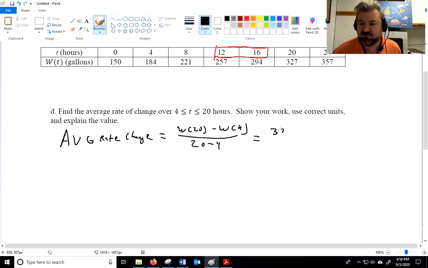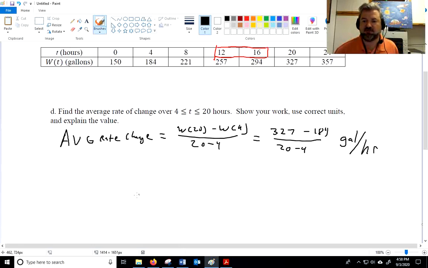W of 20 is 327, W of 4 is 184, all over 20 minus 4. And that is gallons per hour, because W of 20 is gallons, over 20, which is an hour. So it's gallons per hour.